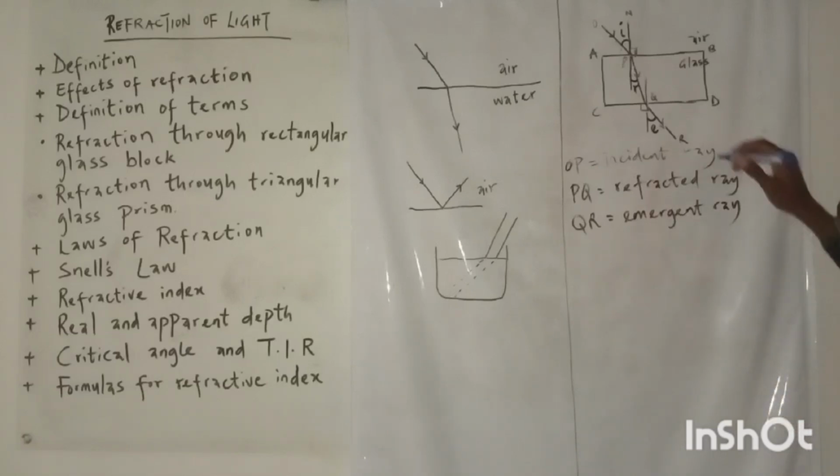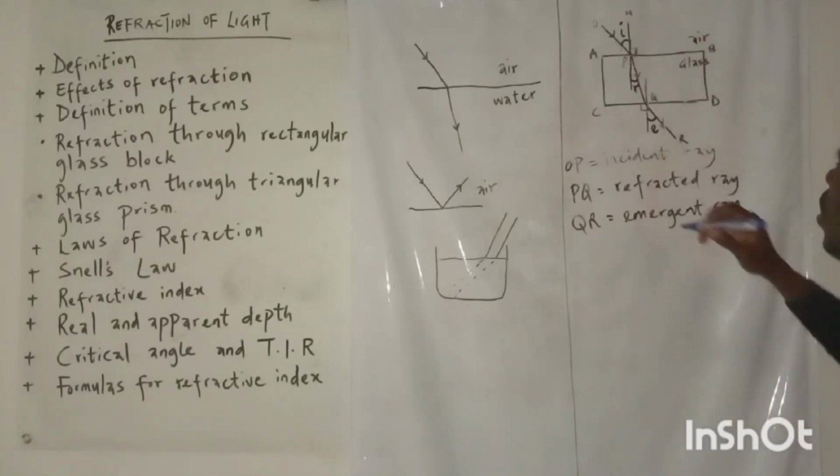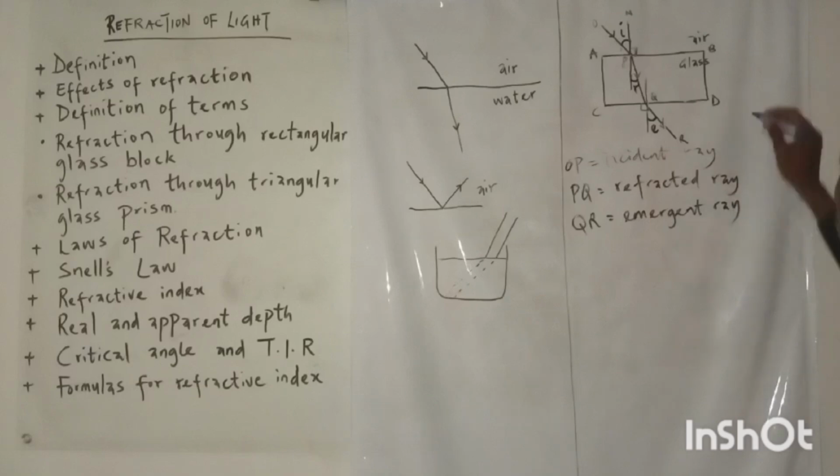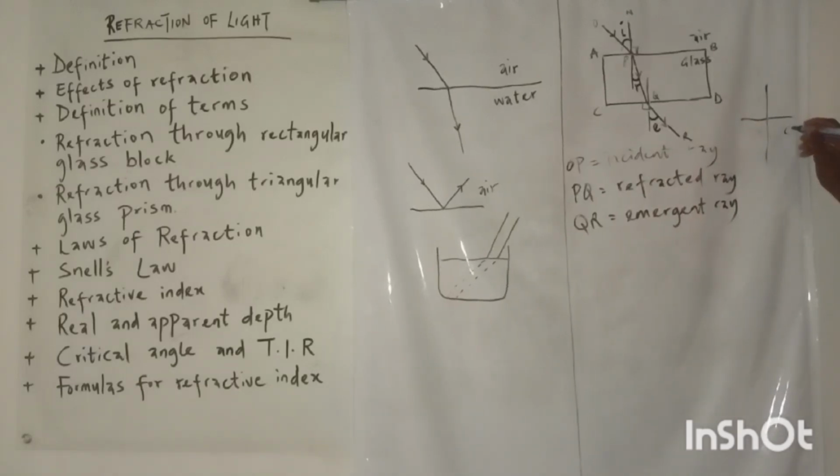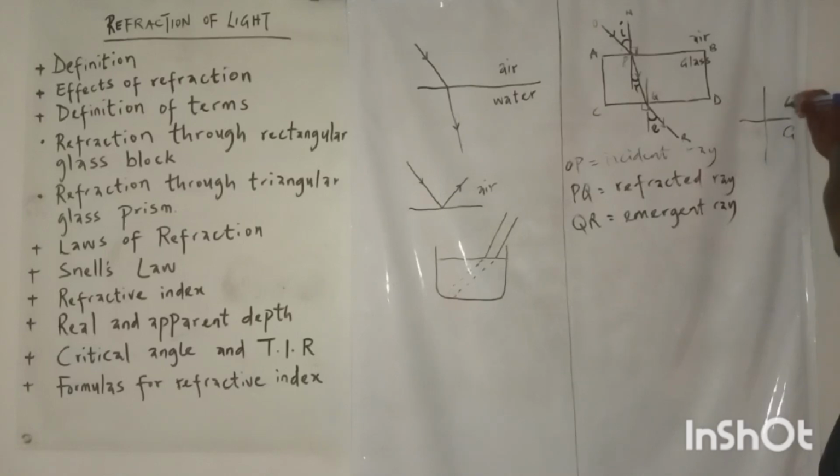So if light is traveling from glass to air, let's say this is the boundary and this is the normal, this is glass, and this is air. If light is traveling from glass to air, this is the angle of incidence. When it gets to the boundary, the bending will be away from the normal.